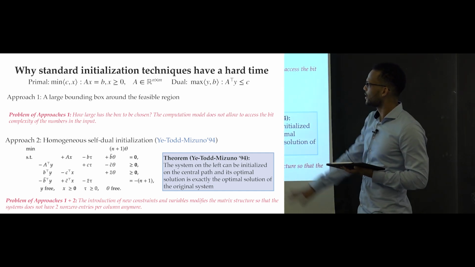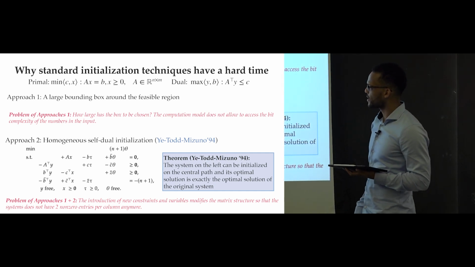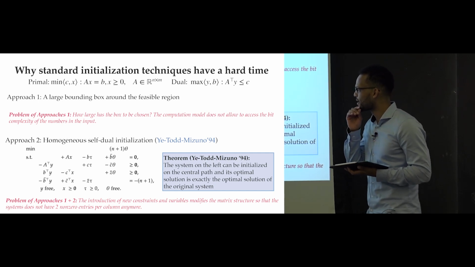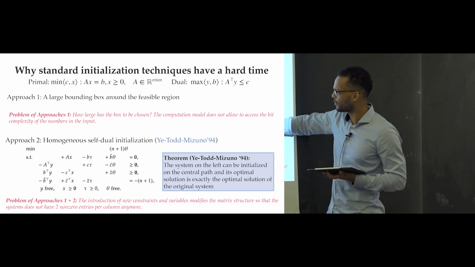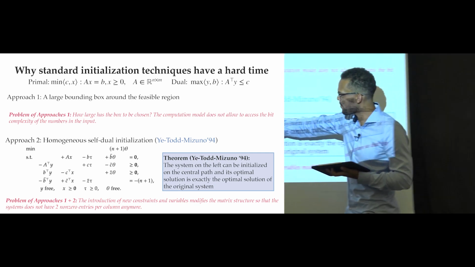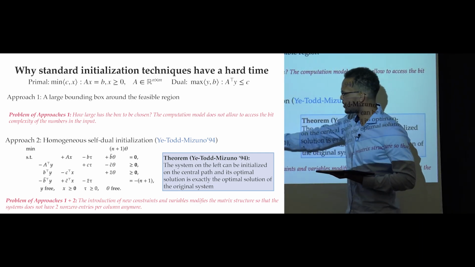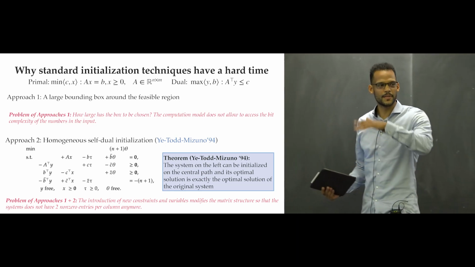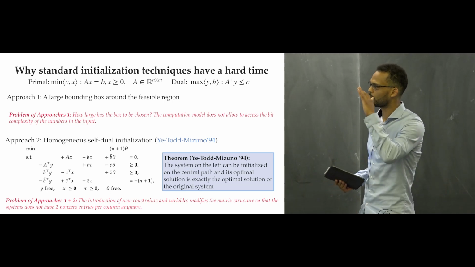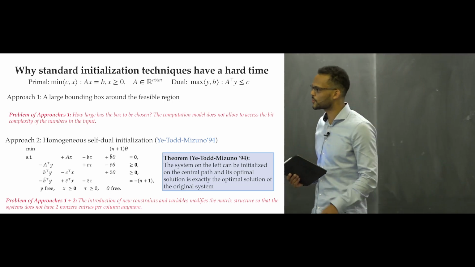That's not possible. The second method, where you do not need large numbers, would be self-dual homogeneous embedding, which is this unpleasant system here. It turns out that this system automatically can detect primal infeasibility and dual infeasibility. It can automatically give you, in the end, optimal solutions if they exist.